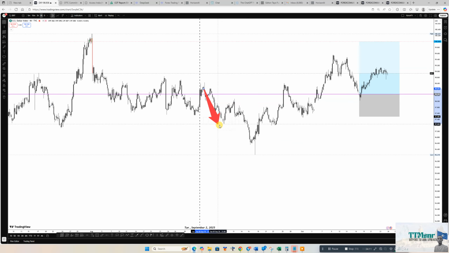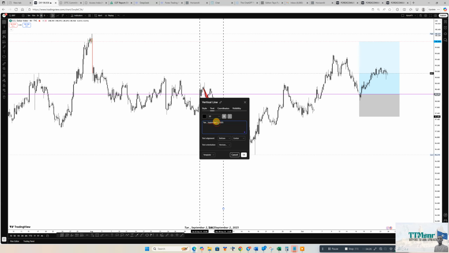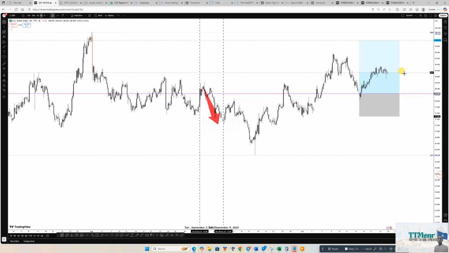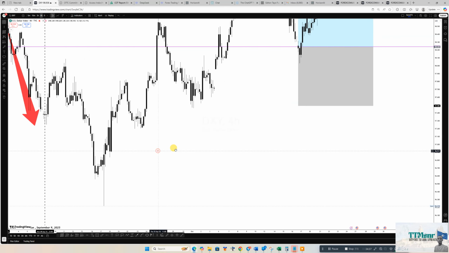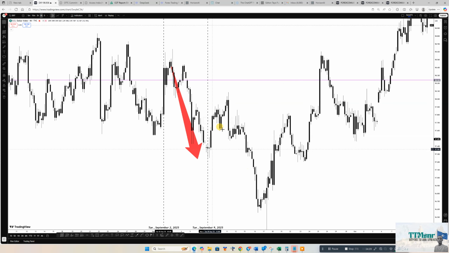That will be September 9, the same Tuesday. What I do is I always trade at 2 hours, but when you go to a higher time frame you cannot see. So on September 9 the market was pushing to the upside.